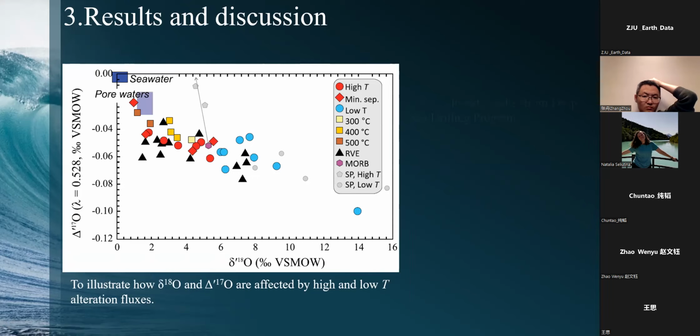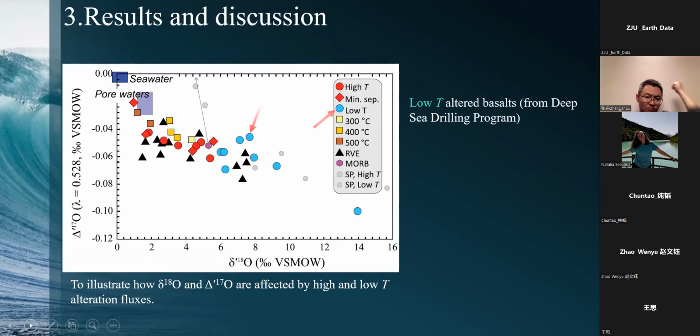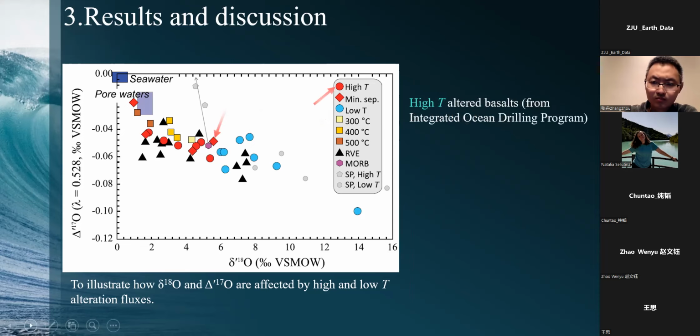And please move. We can see that this is the low temperature altered basalts from the DSDP program. It means that these basalts react with the seawater at low temperature. I think the samples are compiled by the author from previous studies, and this is the high temperature altered basalt from the ODP program. And please move.